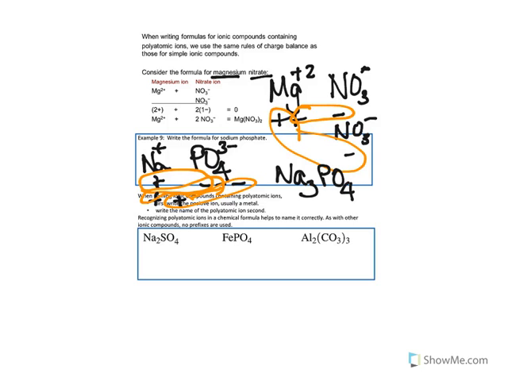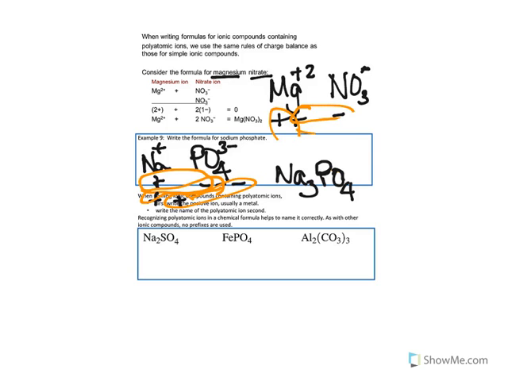Now, why did I not write parentheses around my sodium when I put the 3 there? Well, we don't need to, right? Just like in previous examples, we only have 1 sodium, so that 3 must refer to the sodium, rather than having to worry about it referring just to the letter A. So the formula for this is Na3PO4.